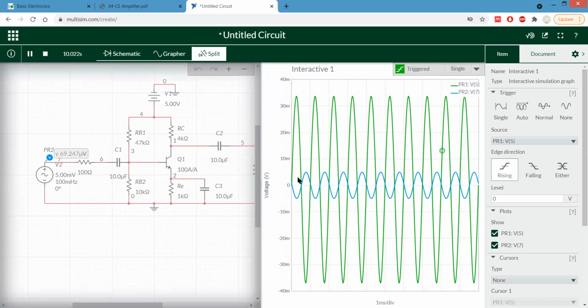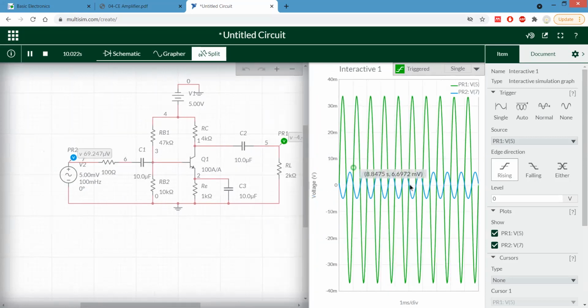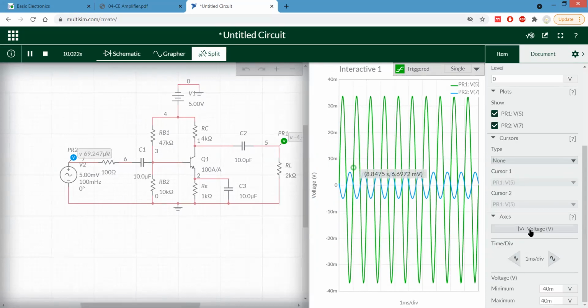I don't know. Maybe due to some mistake or some problem we are making, we are not having this exact waveform pattern. But it should be like this.